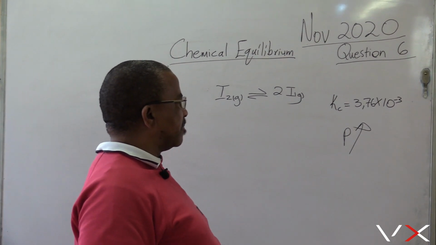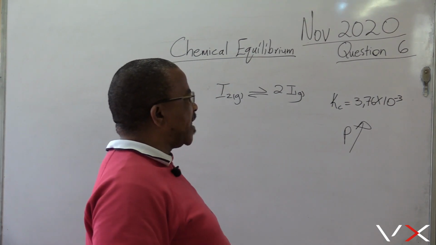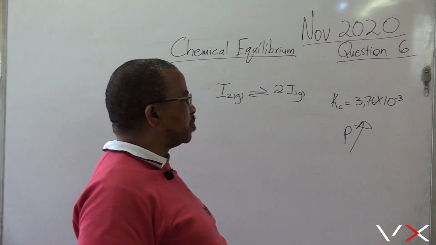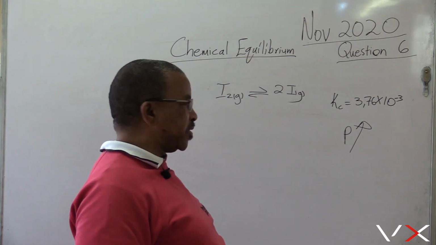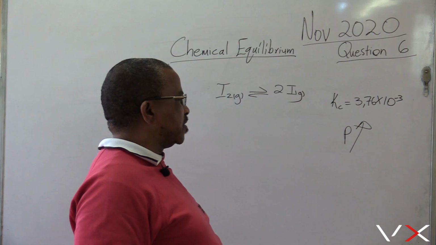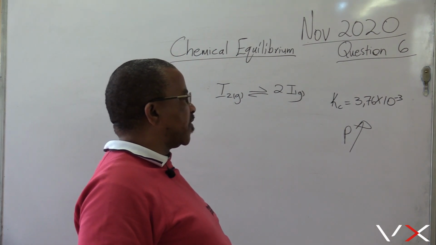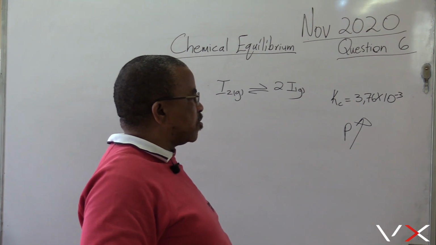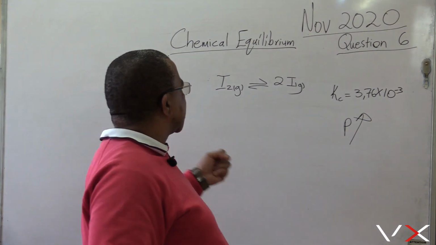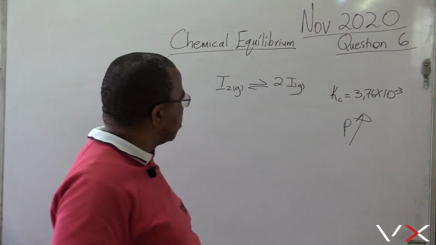Increases, that is the number of iodine molecules. 6.3, explain the answer to question 6.2.2 by referring to Le Chatelier's principle. Simple and straightforward. In fact, when you increase the pressure or you decrease the volume, the system will shift to the direction where fewer moles are formed.